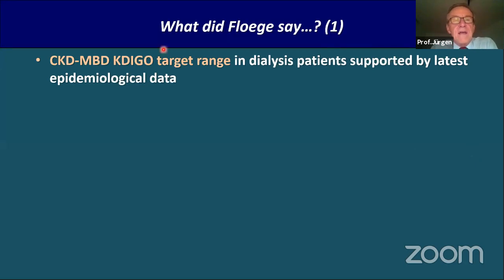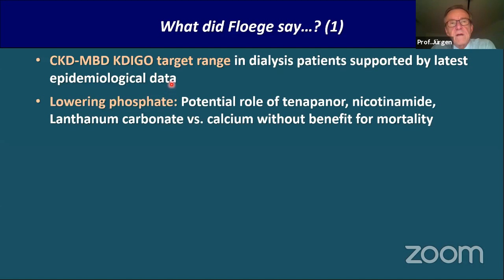I think that CKD-MBD, KDIGO target ranges, I hope I convinced you. In dialysis patients, the target ranges are confirmed and supported by epidemiologic data. Lowering phosphate, there's a potential role of tenapanor once it comes, this sodium proton pump inhibitor.